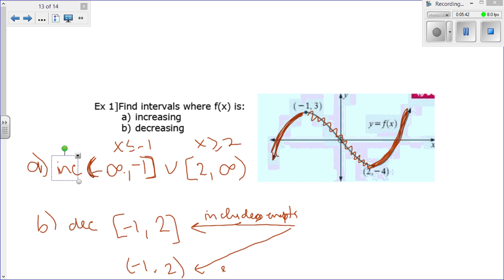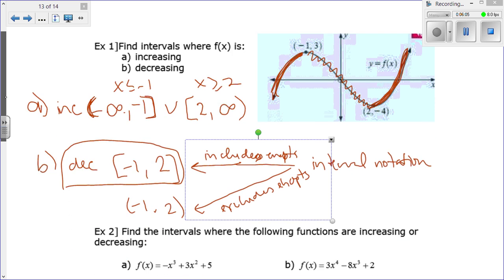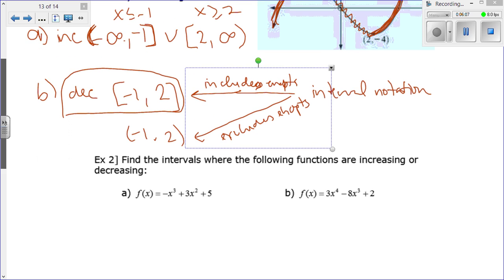And this excludes endpoints. And this is just interval notation. You need to be able to recognize it and know what it means. For this problem, this is our answer. I just want you to see the difference between the two intervals. Okay?